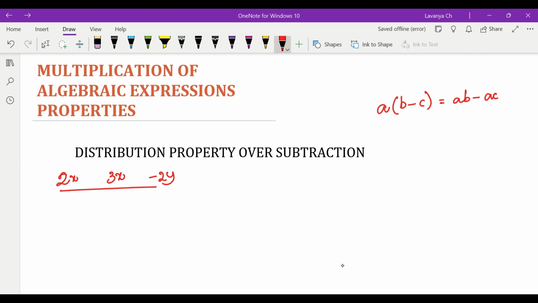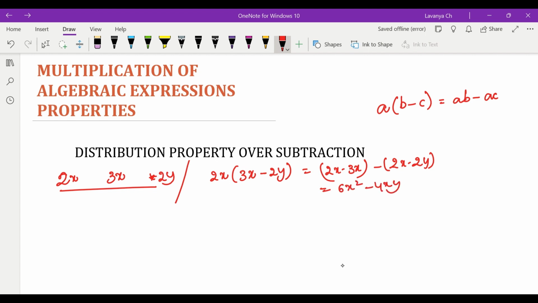If we arrange these values in a into (b minus c), it would be like 2x into (3x minus 2y), equal to a into b, that is 2x into 3x, minus 2x into 2y. This is nothing but 6x square minus 4xy.